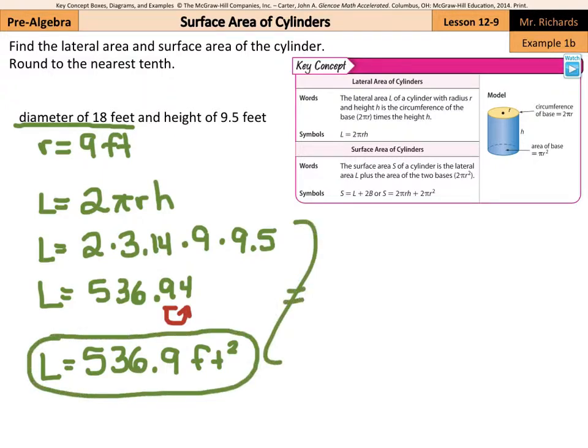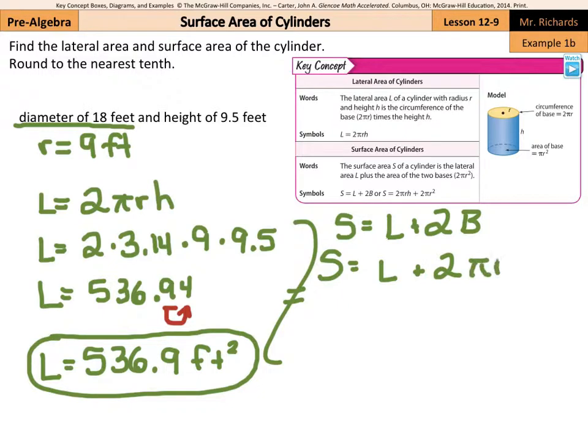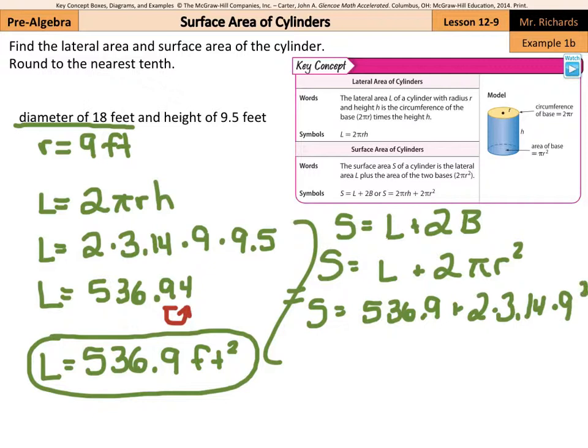Then to finish this question by finding the surface area, it is equal to the lateral area plus the area of 2 of the bases. And the area formula for the base is simply pi r squared. So the surface area is going to equal 536 9/10 for the lateral area plus 2 times the 3.14 for pi times the 9 for the radius squared.